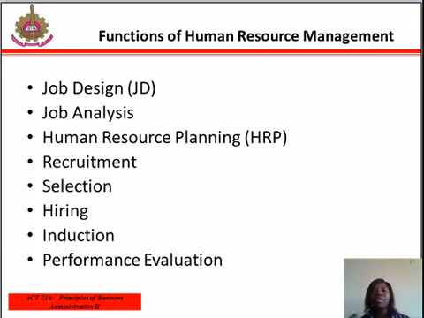And also we have the job specification. This describes the requirements of the person for the job, like activities of that job, educational qualification, special physical and mental skills, and training that will be involved for that job.